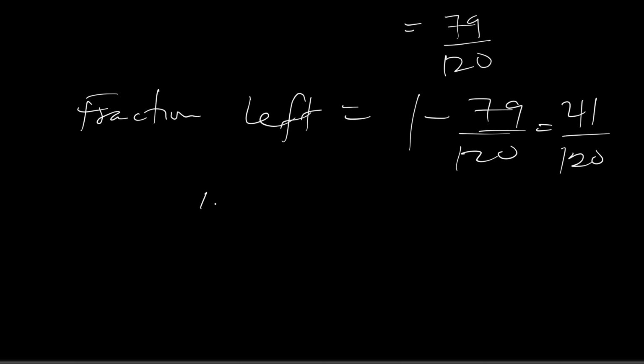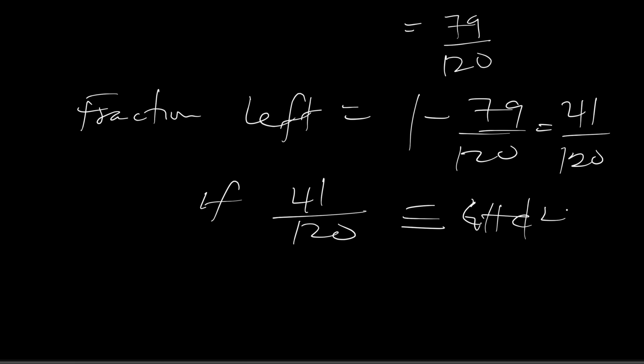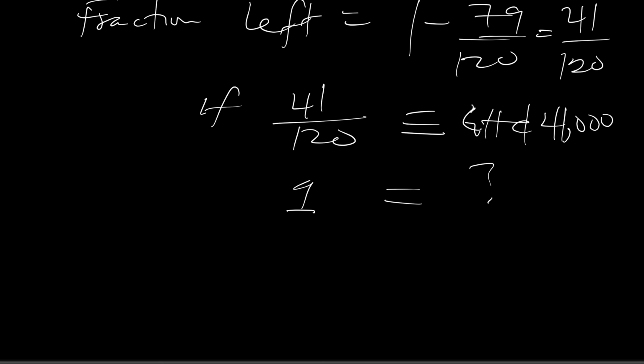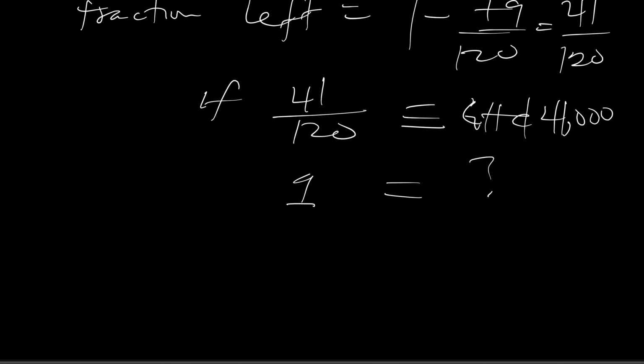So if 41/120 is equivalent to Ghana cedi 41,000, then the total fraction, which is 1, should be equal to the amount he received, or his annual salary. So we don't know his annual salary.